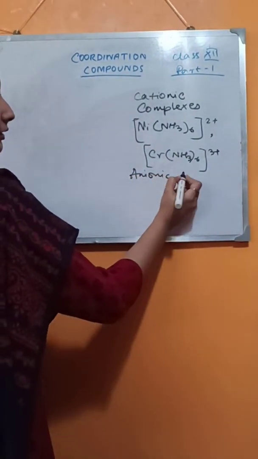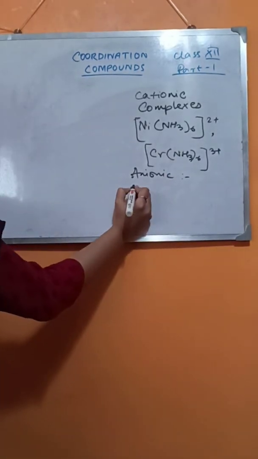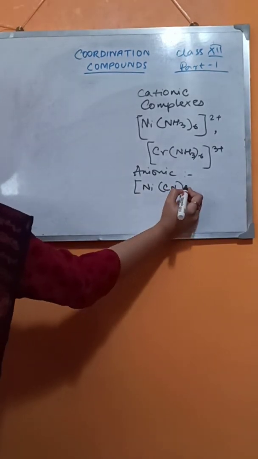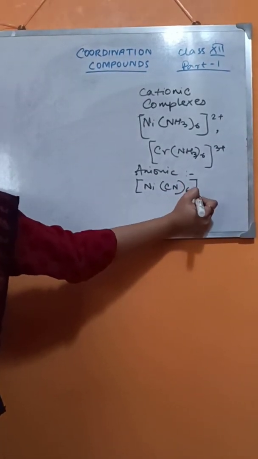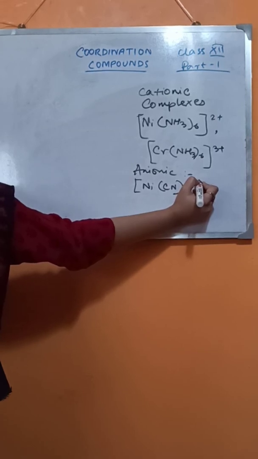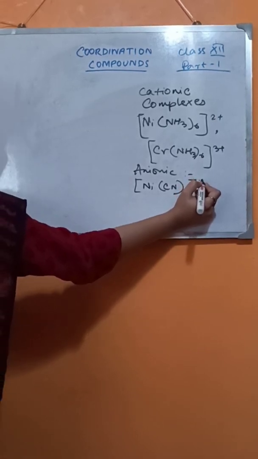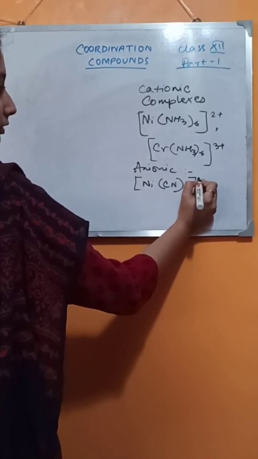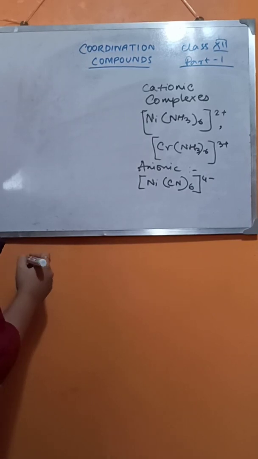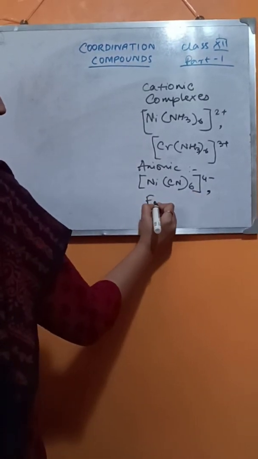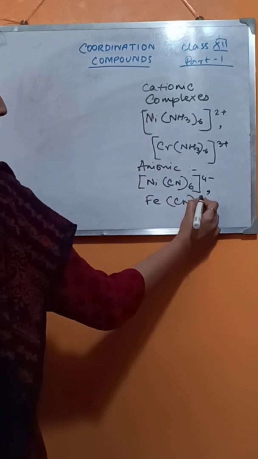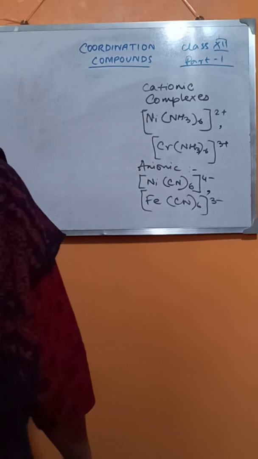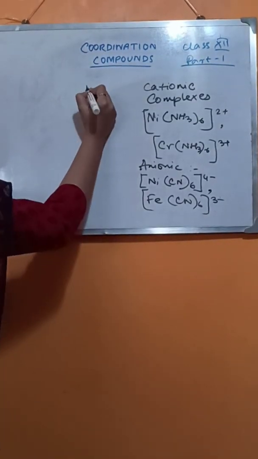Anionic complexes, these are anionic complexes, and there are neutral complexes.